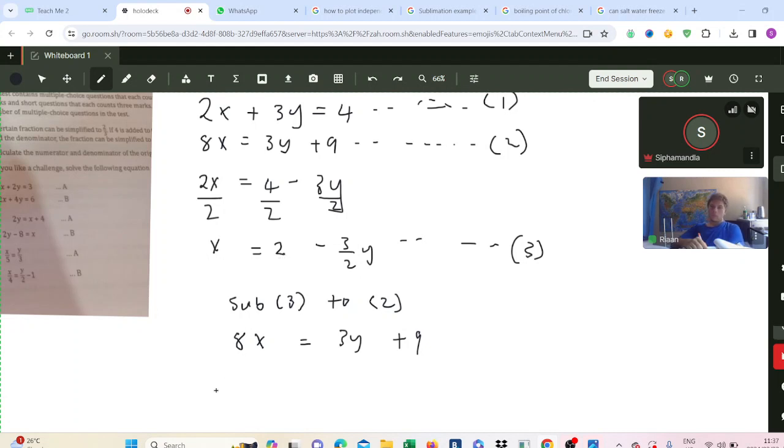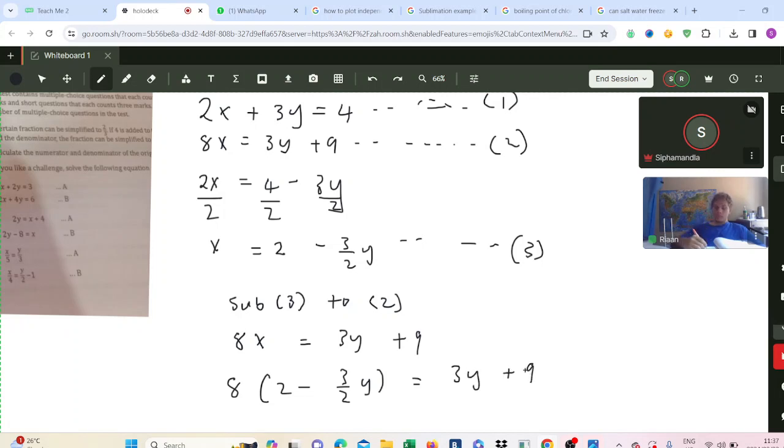So here I will have 8 into 2 minus 3 over 2y, equal to 3y plus 9.